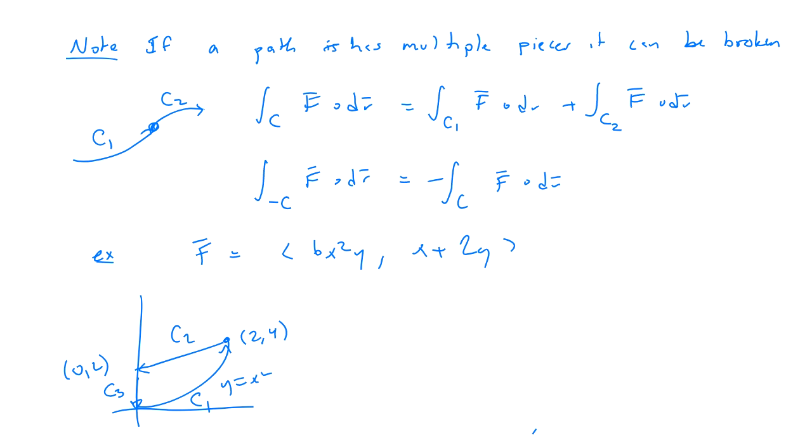So in some ways, just more practice. And the one parameterization I assume you should be able to just read off is lines. So we want to get the parameterization from 2, 4 to 0, 2.